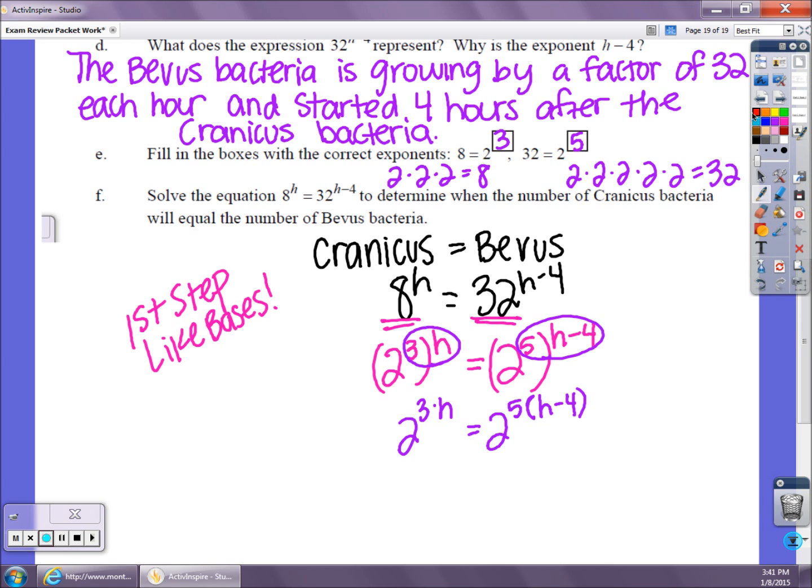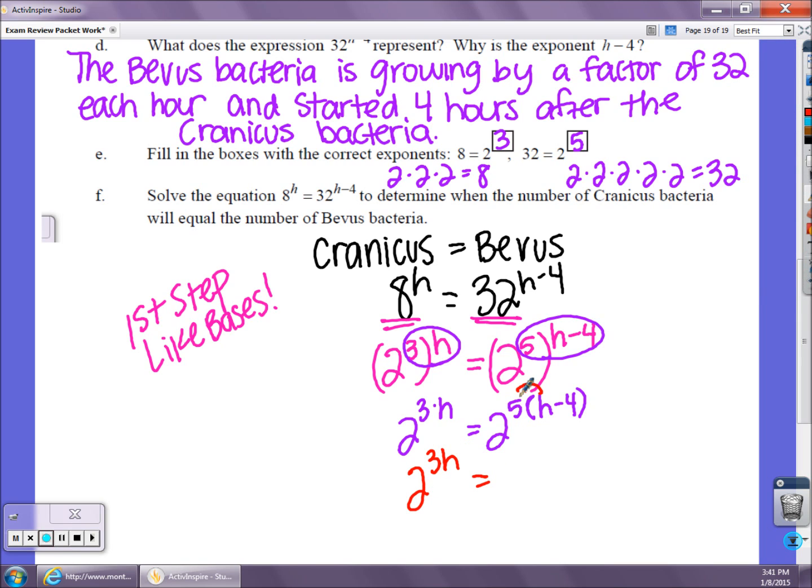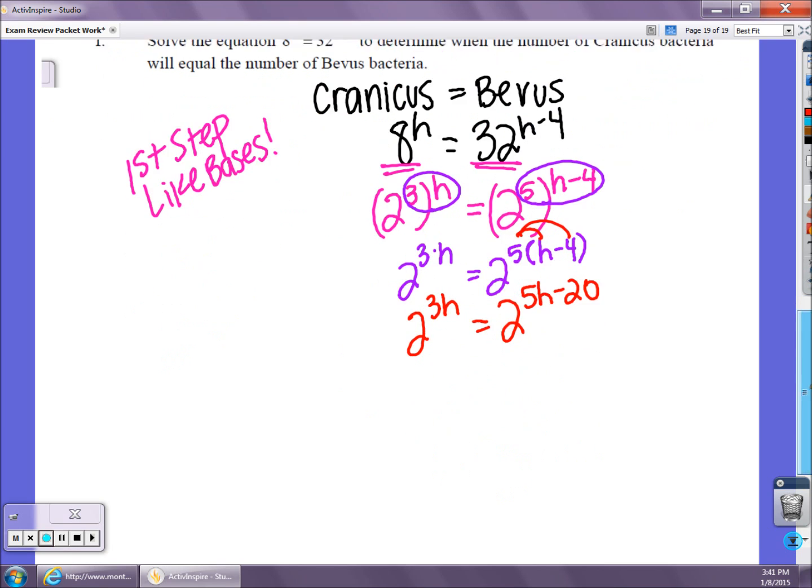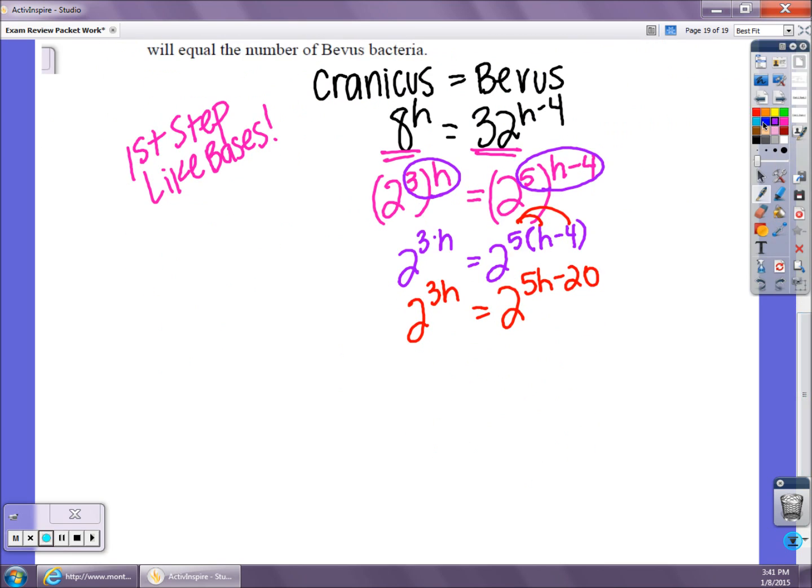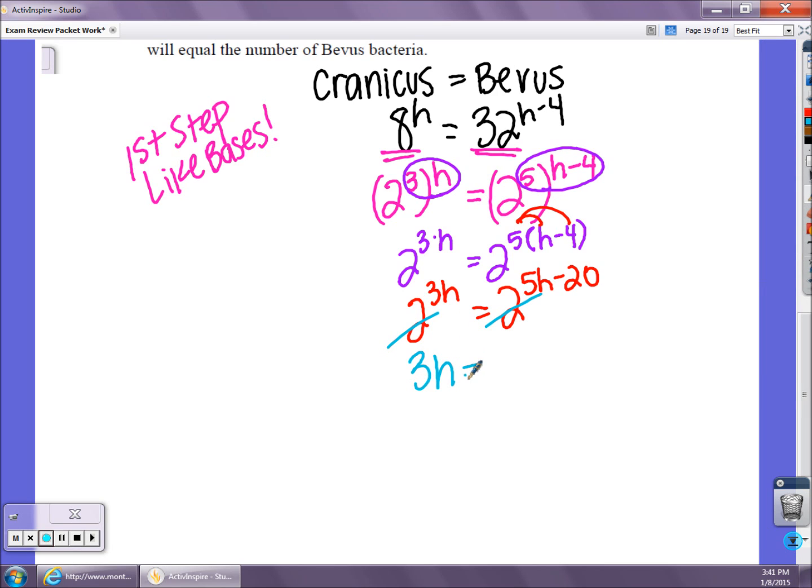Okay. Simplifying, I end up with 2 to the power of 3h equals 2 to the power of 5h minus 20. And now that I have like bases, I'm going to cross those out and rewrite my equation with just the exponents and solve.